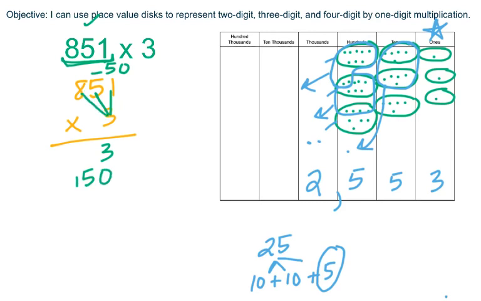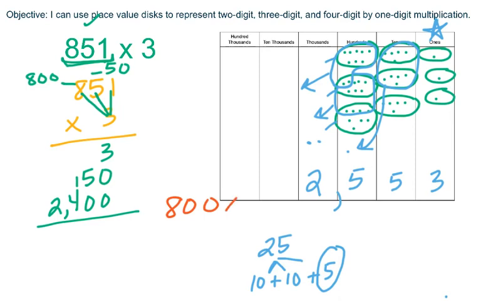3 times not just 8, but 800 is 2,400. Because I've got the 3, so the 800, let me show that. The 800, in case you're wondering where I got that 2,400, times 3. Remember, this is like when we split our number apart here. Sometimes our brains move a little bit faster than working it out, but we want to remember that process of how we got there.